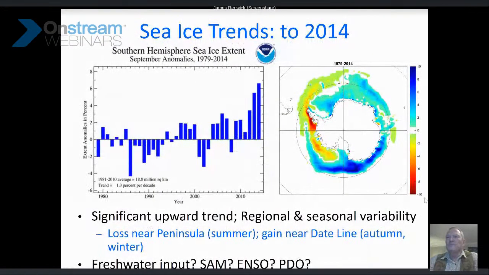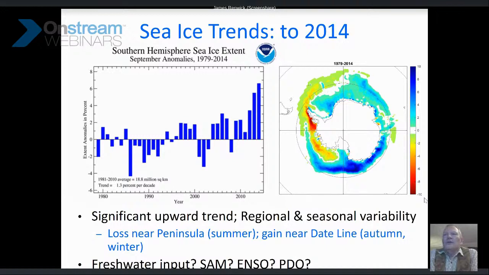But getting on to interannual variability and the trends, this is what I think has interested a lot of people. And what I show here is a graphic from 6 years ago now, year by year differences from average in sea ice in September. And then on the right is a plot of trends in sea ice concentration from 1979 to 2014.